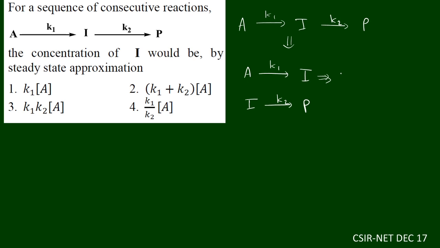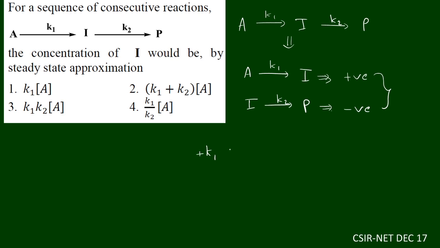Therefore, when writing the steady state approximation for the concentration of intermediate, we take a positive sign for the first reaction, and in the second reaction the intermediate is decomposing, therefore we take a negative sign.